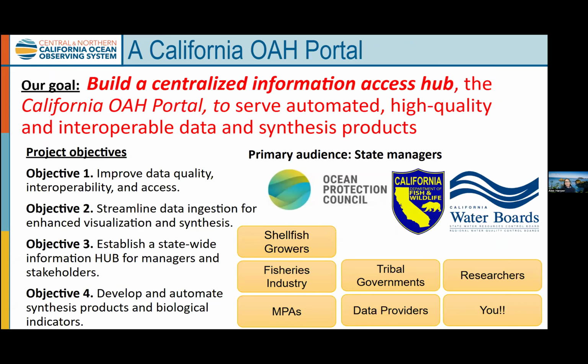The primary audience initially for this work was state managers, but project leads quickly recognized the value and importance of this effort for many other groups, including shellfish growers, water quality managers, data providers, researchers, and other community members.